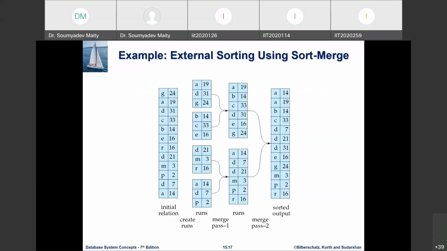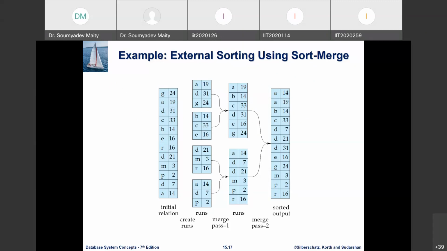Now I'll try to explain how this external sort merge algorithm works. Suppose you have M blocks available in the main memory to perform this sorting operation. Then what would you do?